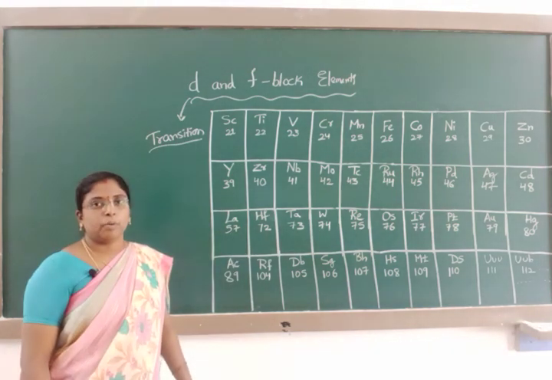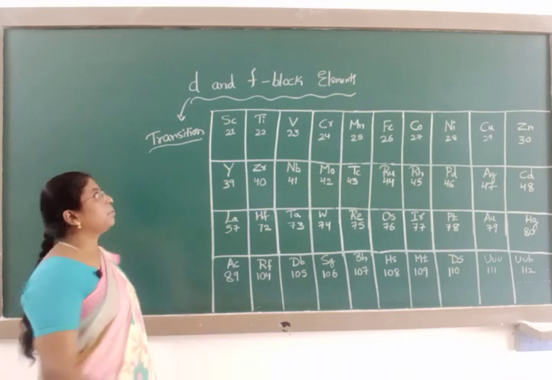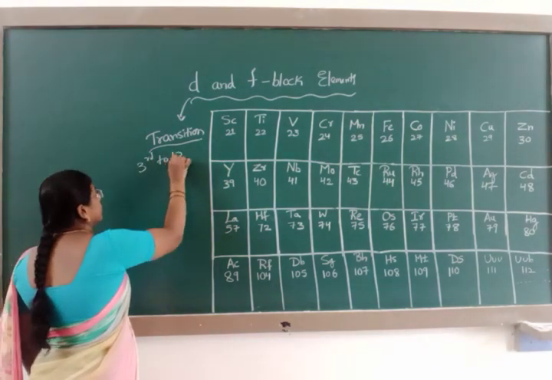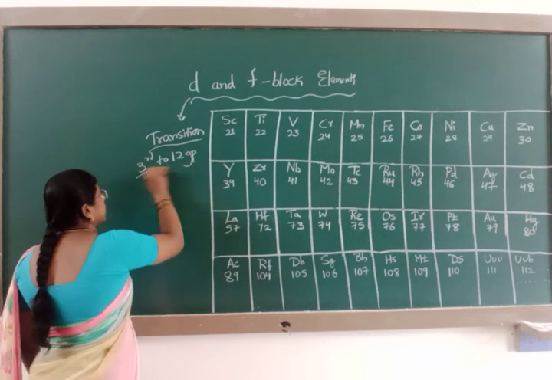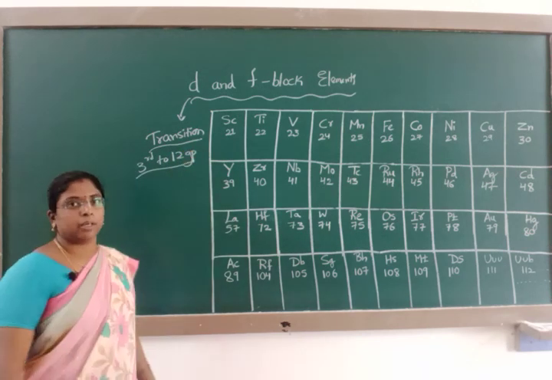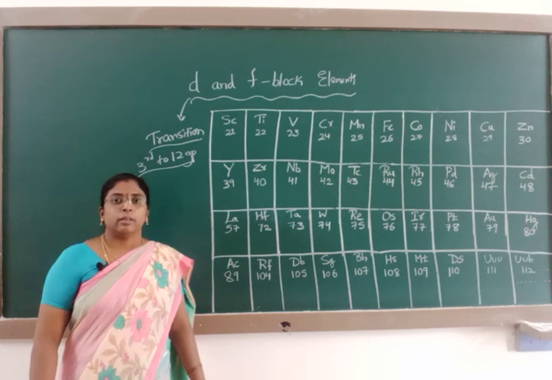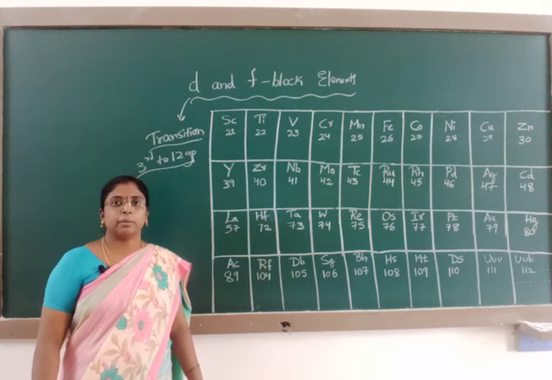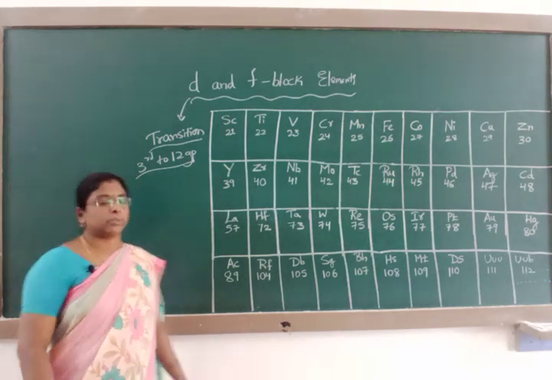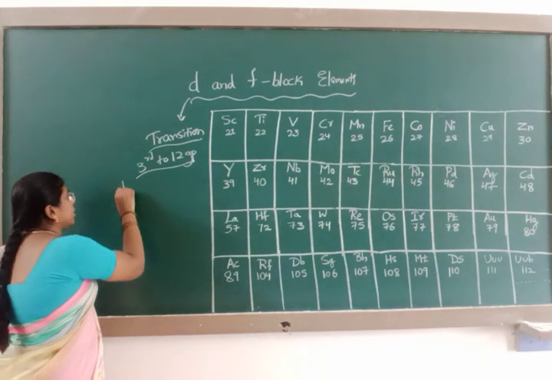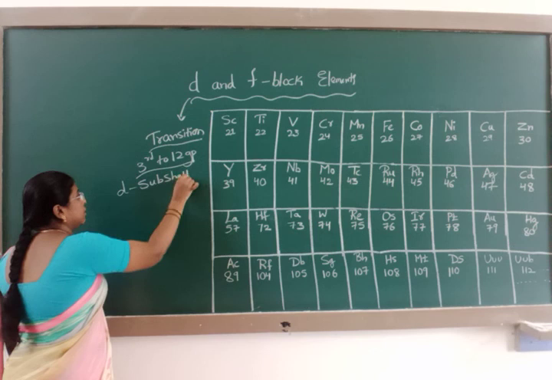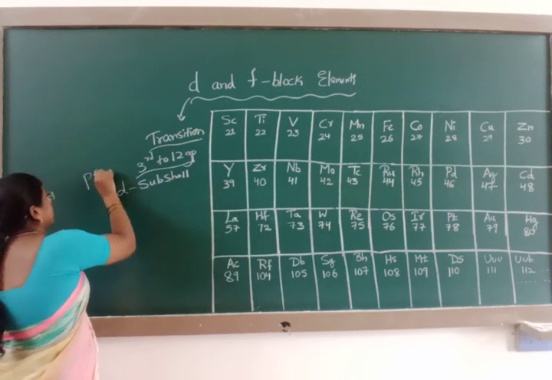The D block elements comprise group 3 to group 12 of the periodic table. D block elements are those in which the last electron enters into the penultimate D subshell.